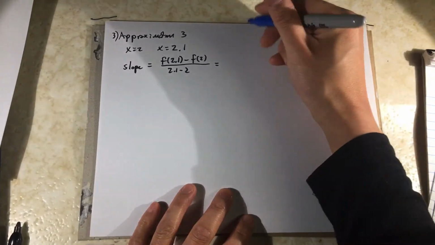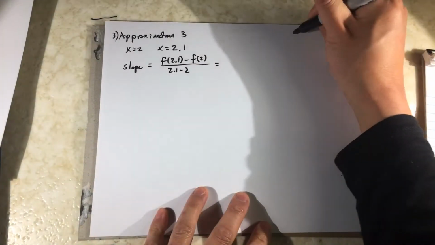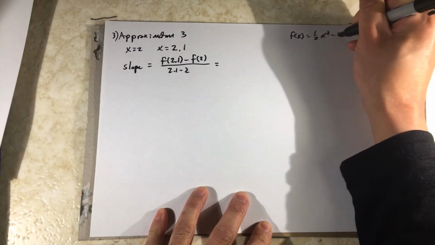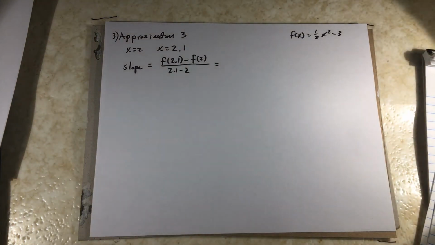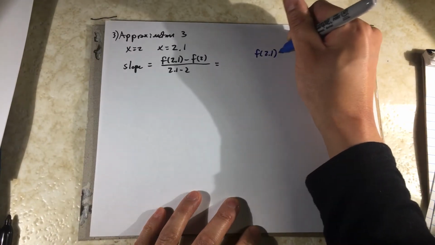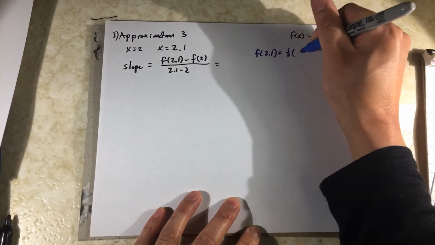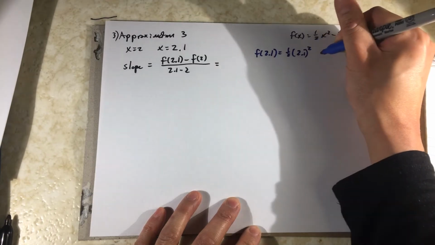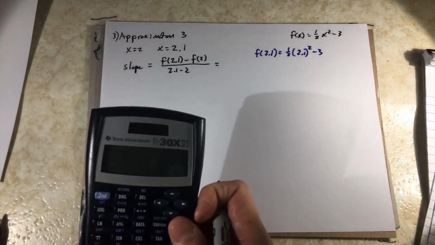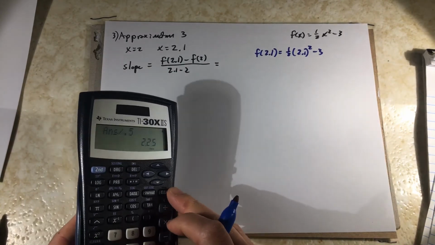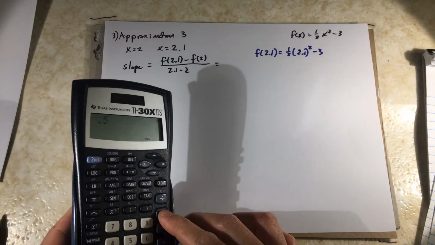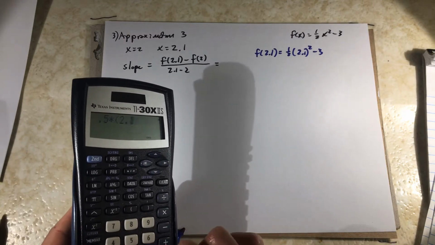So let's calculate, and again here I'll write our function up here. f of x is equal to 1/2 x squared minus 3. All right, so we want to calculate f of 2.1. So this would be 1/2 times 2.1 squared minus 3. So if I put that into my calculator, I get 0.5 times, I'm going to put this in parentheses.